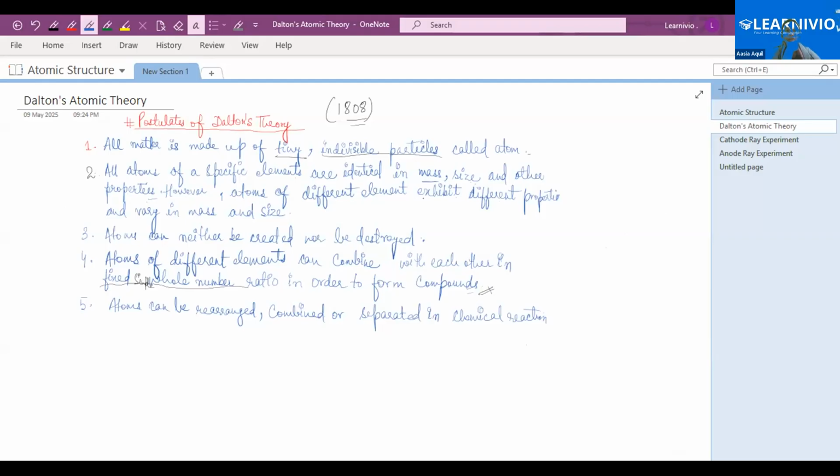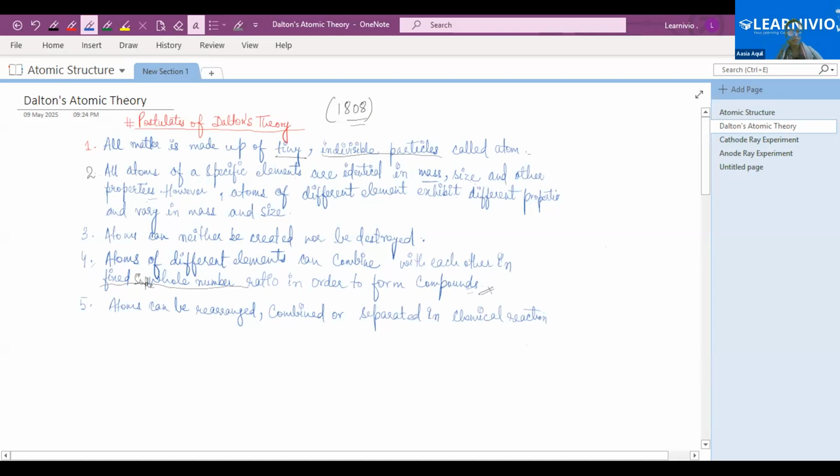He follows the law of conservation of mass, the law of definite proportion, meaning constant proportion, and the law of multiple proportion. He just follows these three laws.